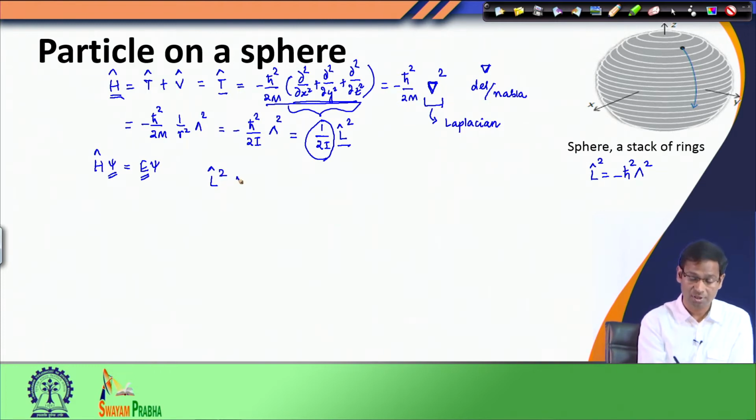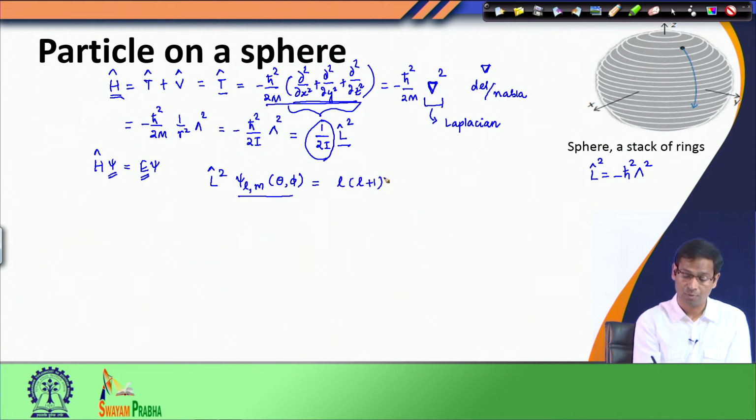What are its eigenfunctions? Its eigenfunctions are the well known spherical harmonics, where I have psi L m, and you see they depend on the theta and phi coordinates, and the eigenvalue corresponding to the spherical harmonics for the L square operator is simply L into L plus 1 h bar square.